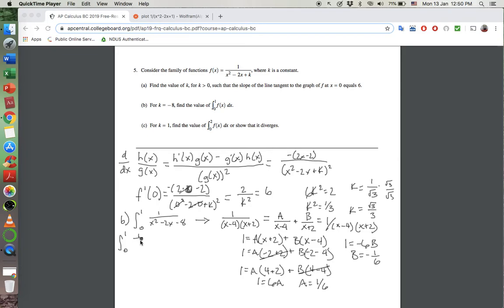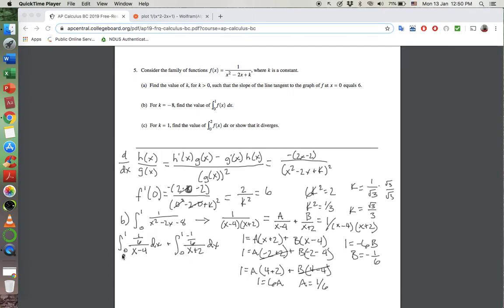And so we'll get the integral of 1 over 6 over x minus 4 dx. I'm going to add to that the integral of the other part. We get negative 1 over 6 over x plus 2 dx.